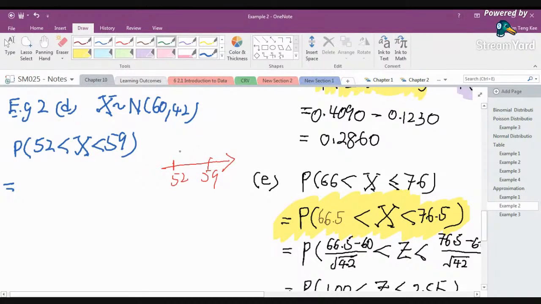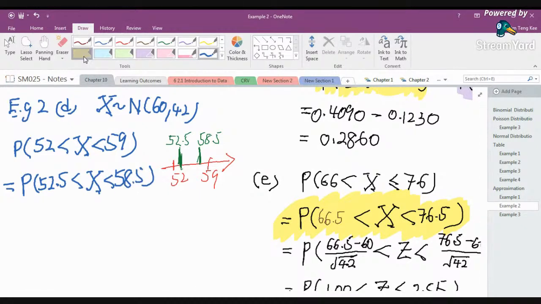So I consider somewhere on the right of 52 and on the left of 59, which gives me 52.5 and also 58.5. So now the interval from continuity correction is 52.5 less than X less than 58.5.